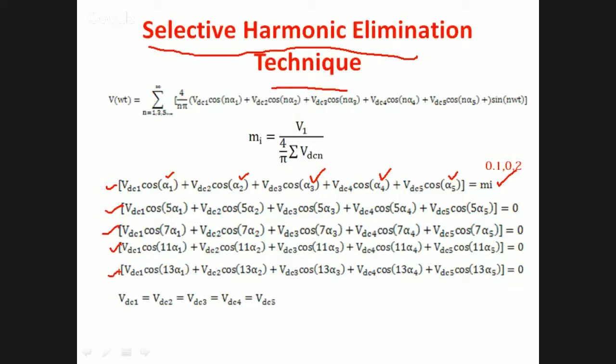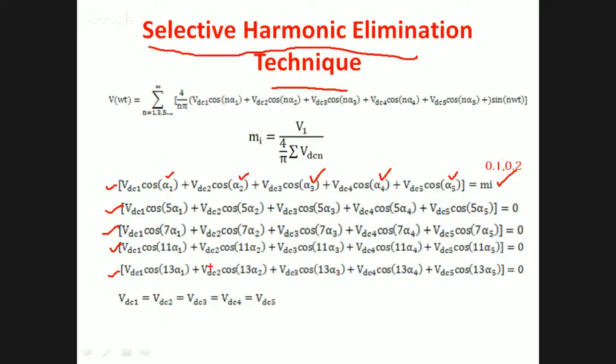Now I have to choose which harmonics I want to eliminate, because there are 5 unknowns, so there can be only 5 equations. So which ones do I want to eliminate? If it is a single phase system, I can even take my third harmonic. Here, instead of this 13, I can take this 3 and eliminate it, because the deadliest harmonics are the lower order harmonics.